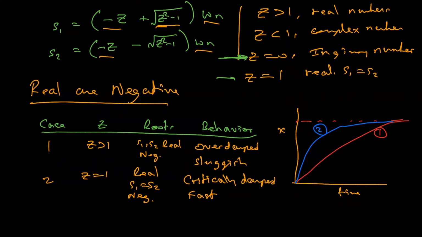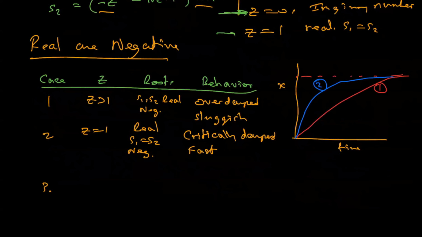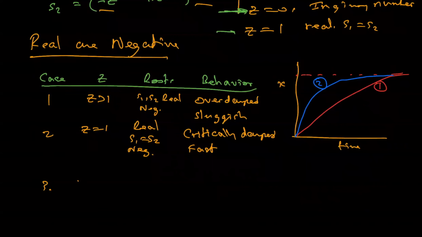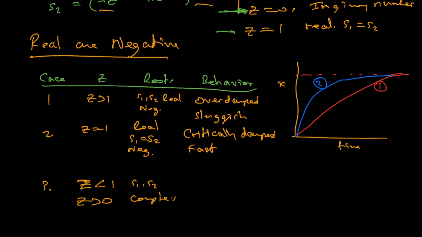The next one we're going to look at is case 3, where zeta is less than 1, but greater than 0. It's not at 0, it's greater than 0, but less than 1. In this case, S1 and S2 are complex. The real parts are still negative, though, so it's stable.